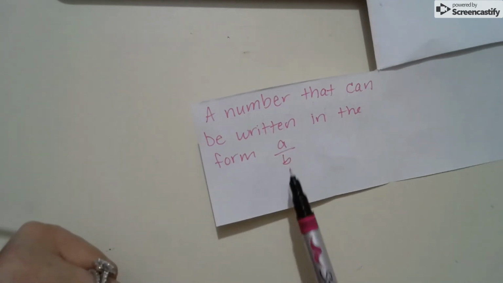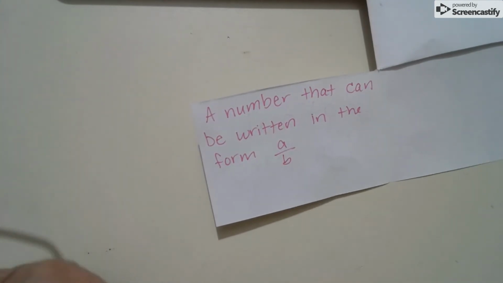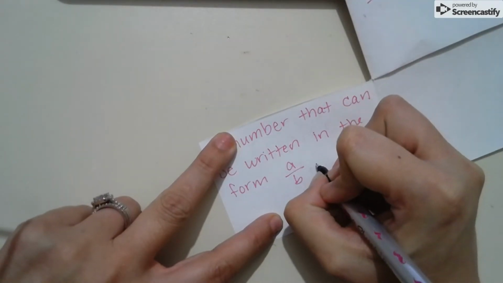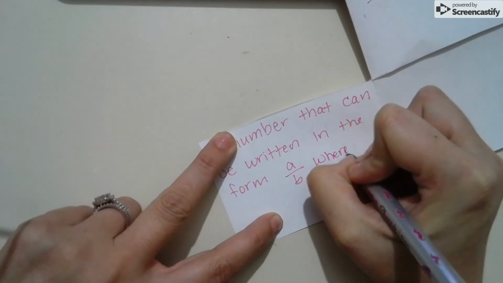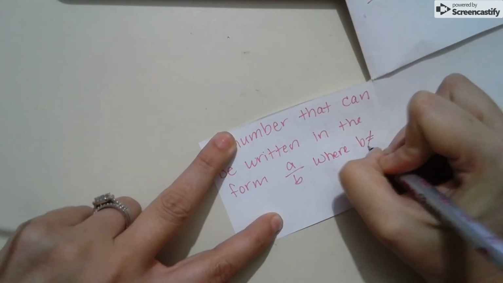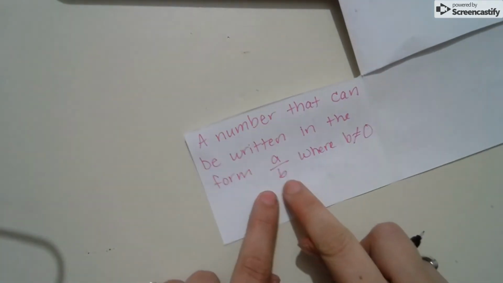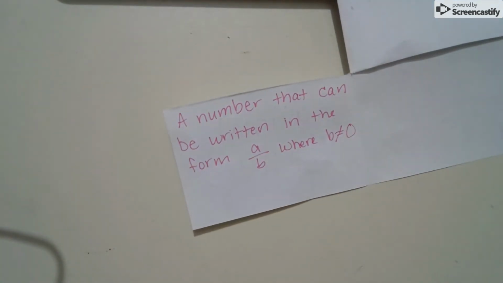A number over a number. Okay, that line means divide. So A over B, where B cannot, that means not, be 0. B has to be 1, 2, 3, 4, 5, 6, 7, 8, 9, 10, and so on. It just can't be 0, okay?